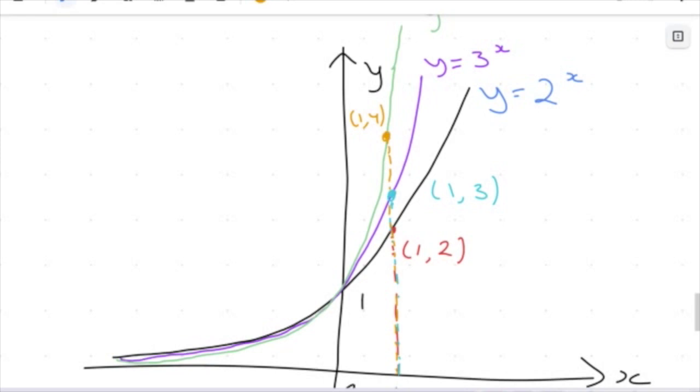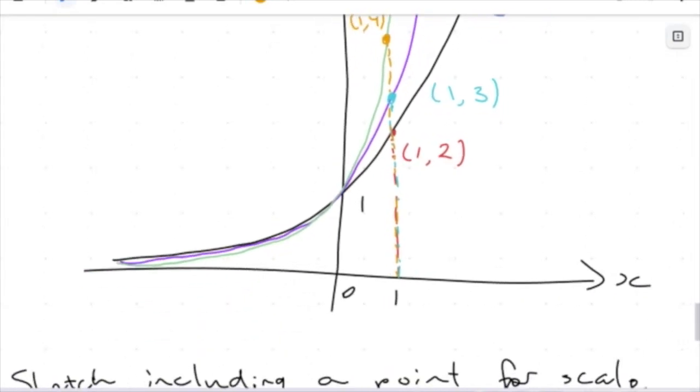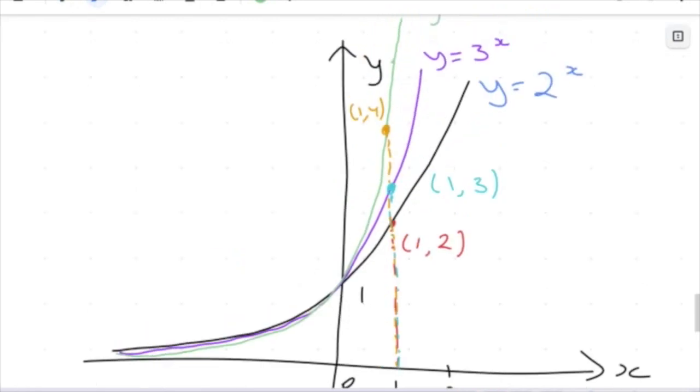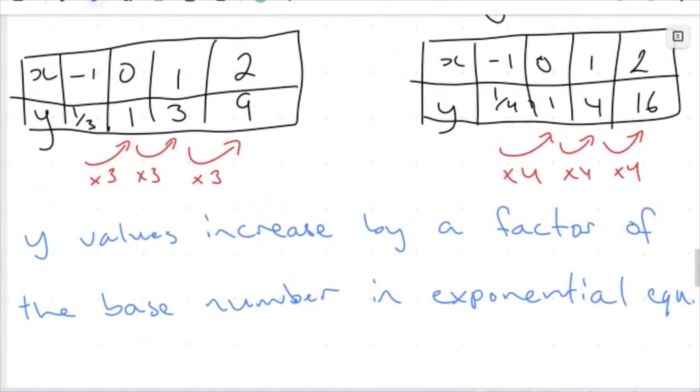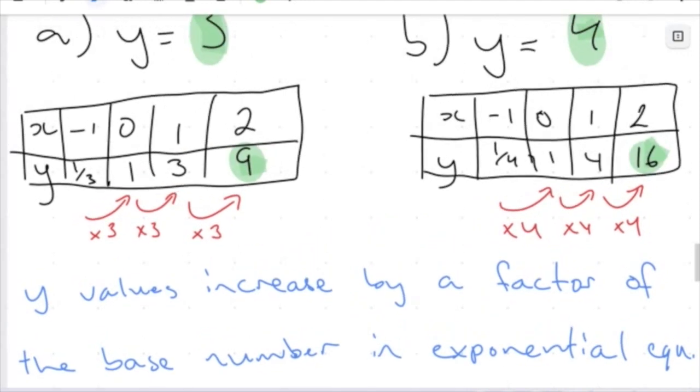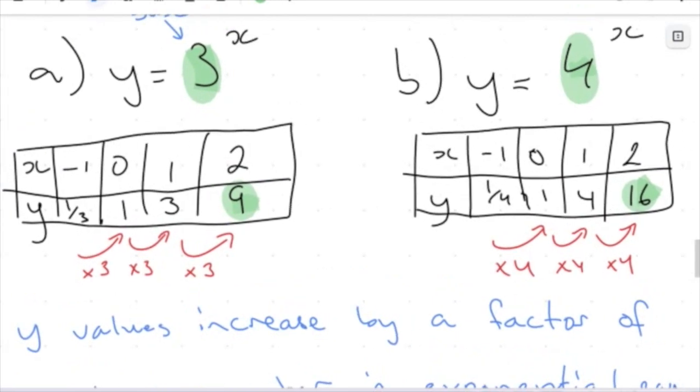Now we can look at another point of scale if we wanted to. You can do this at home if you'd like. But when x equals 2, for example, you can clearly see that I'm getting way steeper numbers. You can see this difference in the table of values. Here, I have 9, I have 16 when I have y equals 4 to the power of x, and I would have 4 when I have y equals 2 to the power of x.